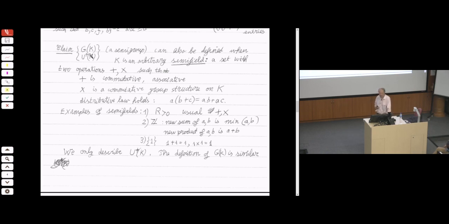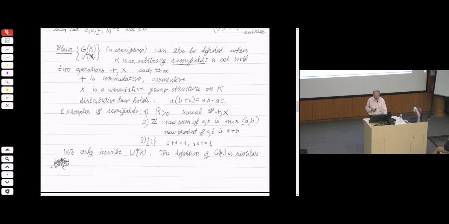Multiplication is actually a commutative group. And the distributive law is satisfied. So there are at least three examples. One of them is the strictly positive real numbers, with usual addition, usual multiplication.